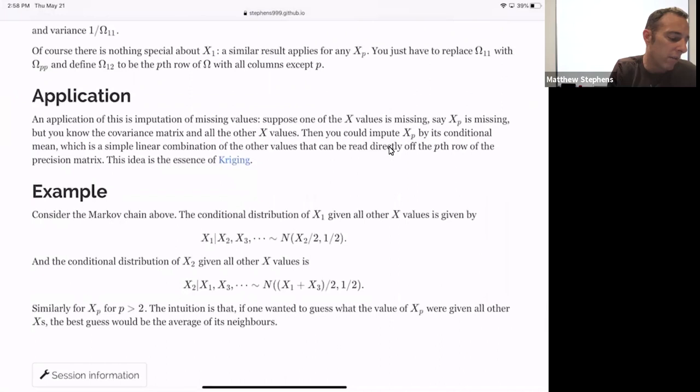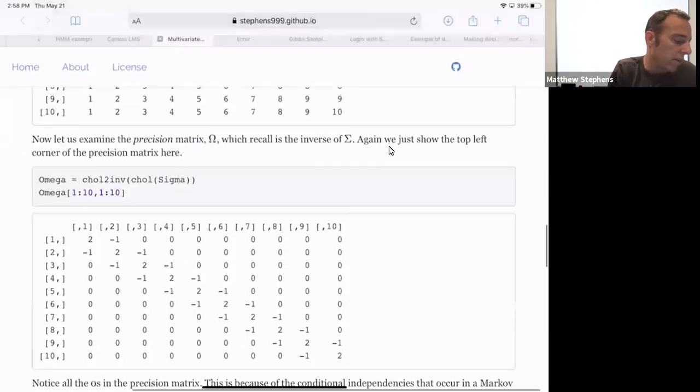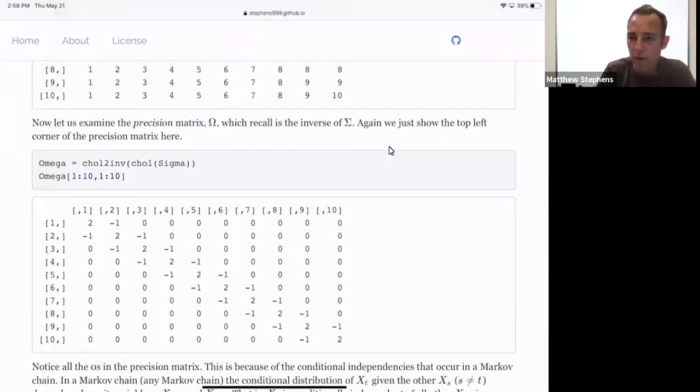So if we just apply this formula to get a bit more intuition, if we want to look at the conditional distribution of x1 given all the other x's, we can look at the first row of the precision matrix. It basically tells us what we would get if we regressed x1 on all the other x's. What would their coefficients in that regression be?